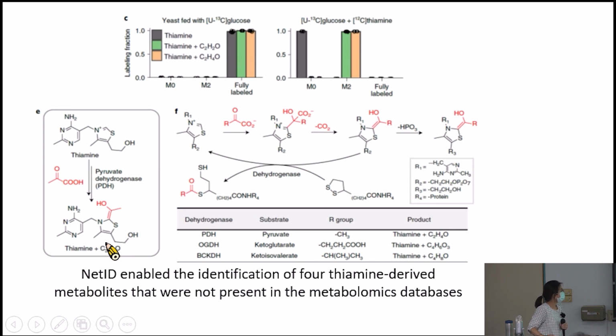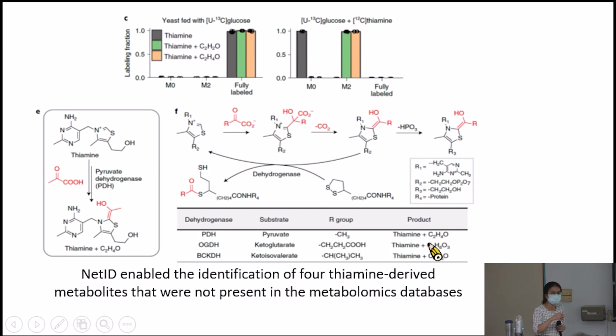And except for this pyruvate dehydrogenase, they also found different potential enzymes, including alpha-ketoglutarate dehydrogenase. Using this alpha-ketoglutarate dehydrogenase, they can convert the substrate ketoglutarate into this derivative of thiamine.